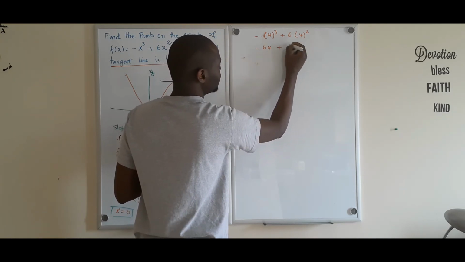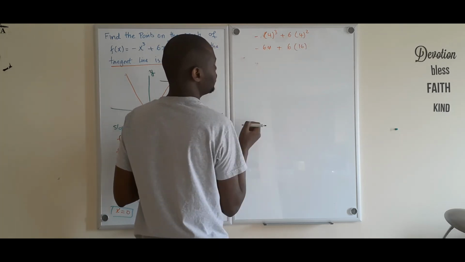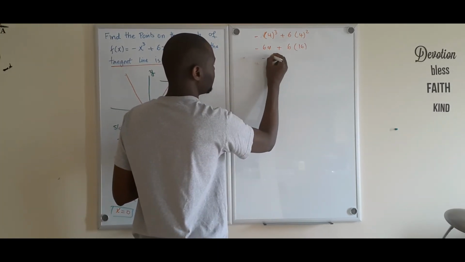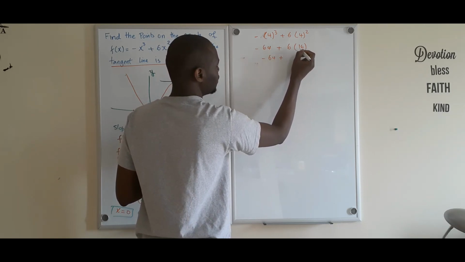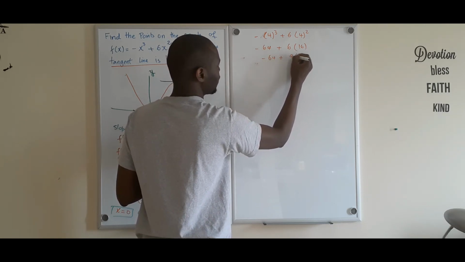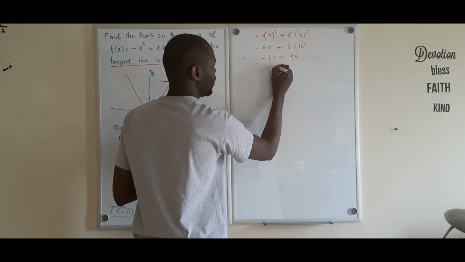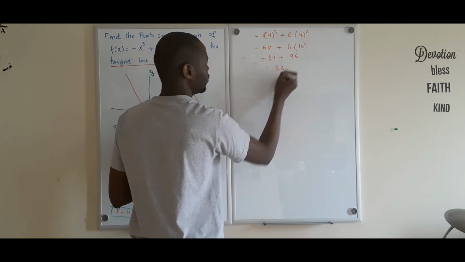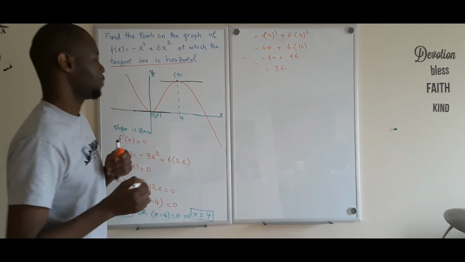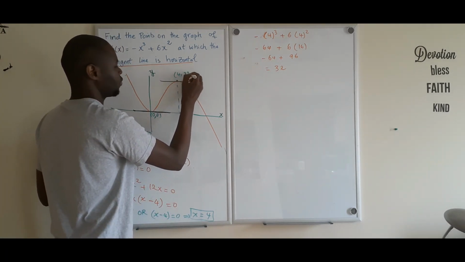Plus 6 times 4 squared, which is 16, so plus 96. And that will give us 32. Therefore, the second point will be (4, 32).